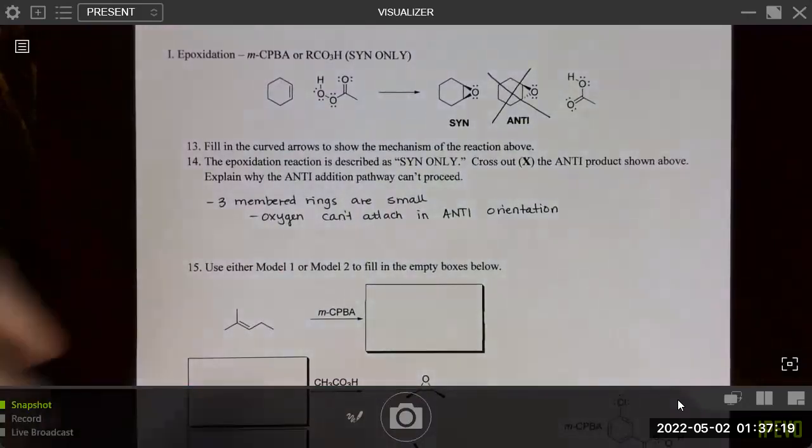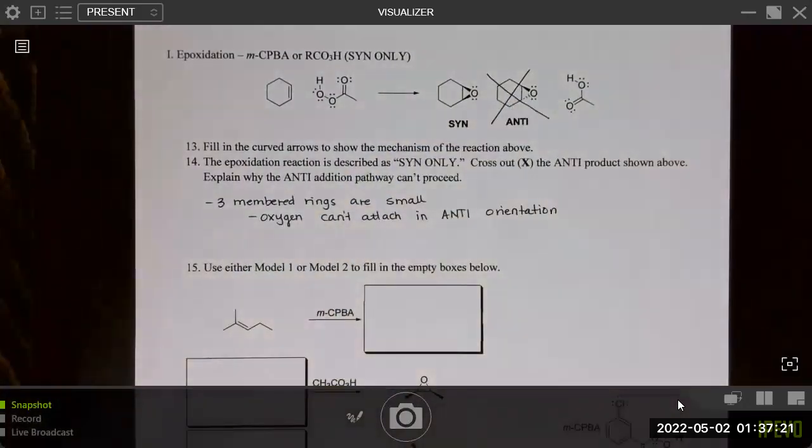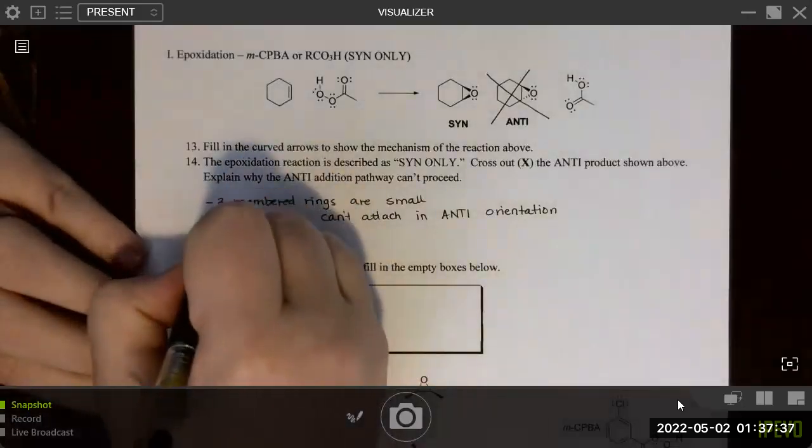So if you try to make a model of something like that, it's just impossible to do. So that is why. Plus, another reason would be that the bonds from the oxygen to both carbons are formed simultaneously, right?